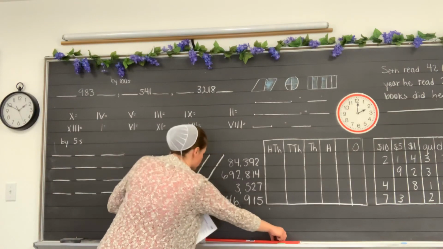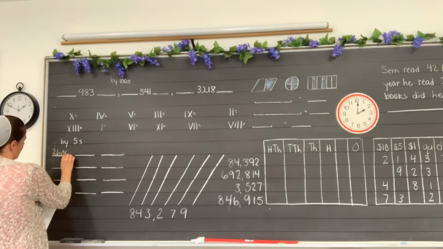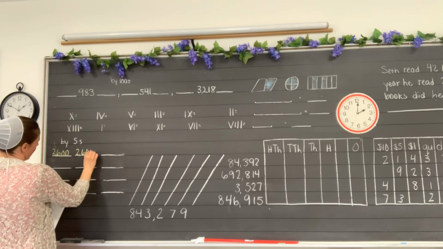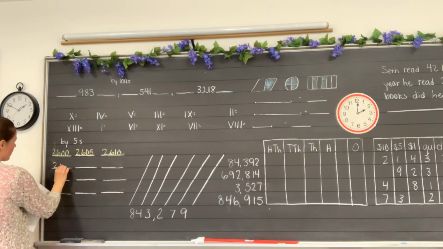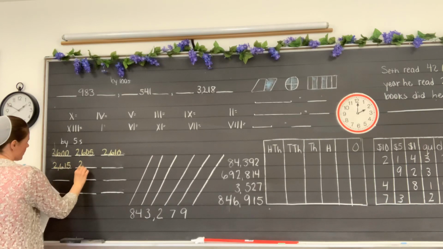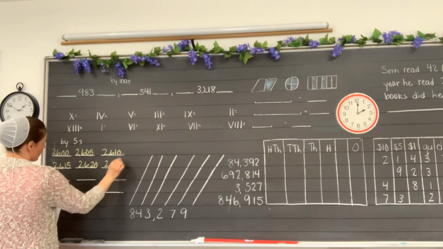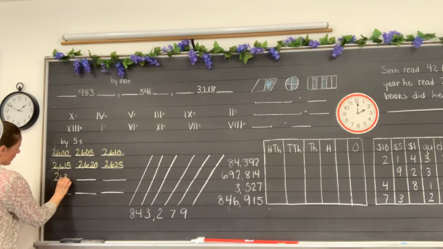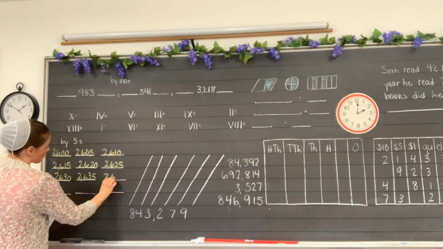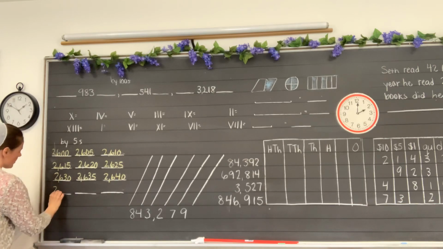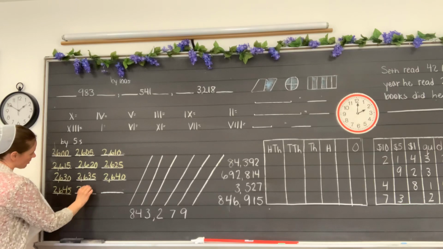So we will start at 2,600, 2,605, 2,610, 2,615, 2,620, 2,625, 2,630, 2,635, 2,640, 2,645, and 2,650.